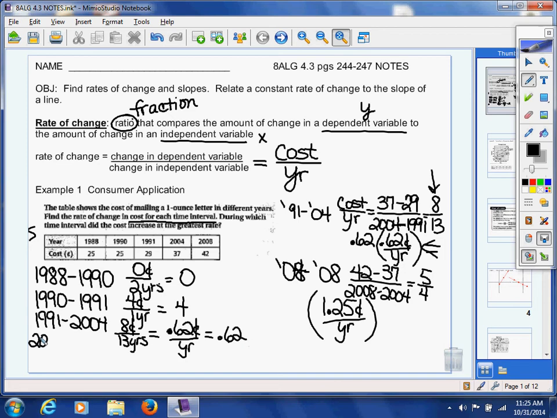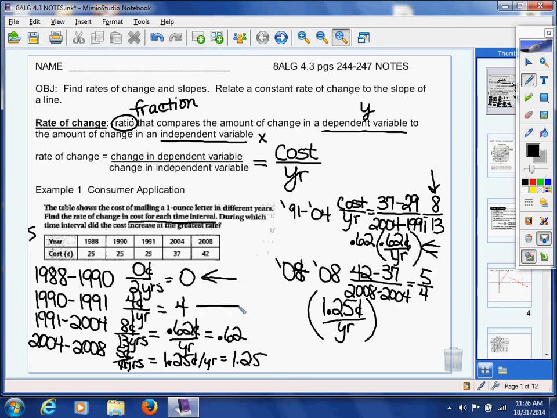And then from 2004 to 2008, we noted a change of 5 cents in 4 years. Hopefully you can read that, 4 years, which is 1.25 cents a year, or 1.25. Okay, so the numbers, what we want to focus on are the numbers. We know each one.